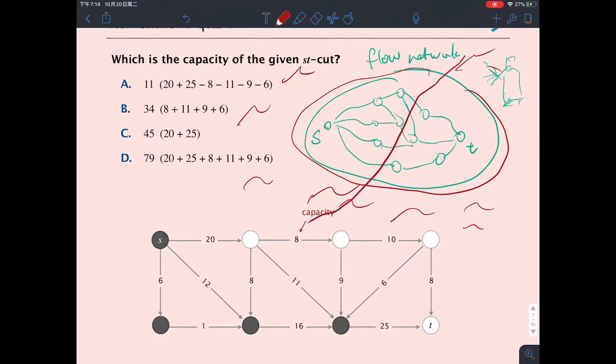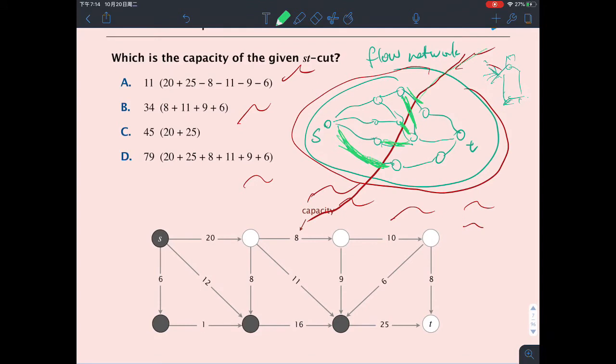If I somehow managed to cut that island into two halves, but after I cut the island into two halves, you assume that all these pipelines are really robust. Even after I cut things into these two halves, S and T are no longer on the same island, but the pipeline is not broken.